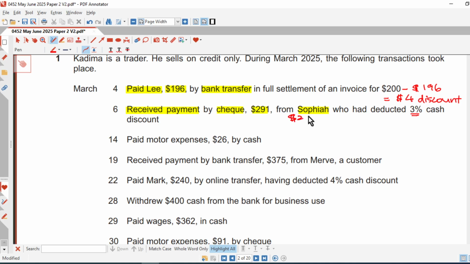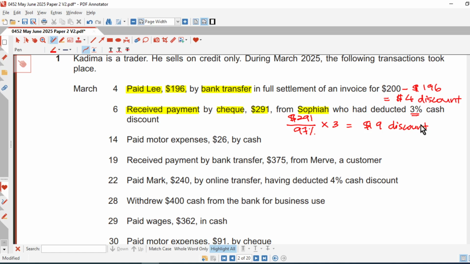That means the $291 here actually represents 97%. Do you agree? The $291 represents 97% because they've deducted a 3% cash discount. So we're going to take the figure that we get here, multiply by 3, right? So your discount was $9. Do you agree with me?